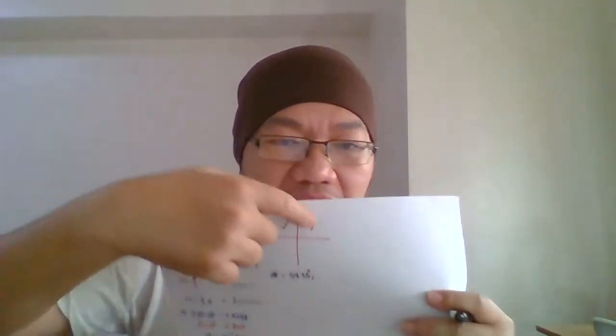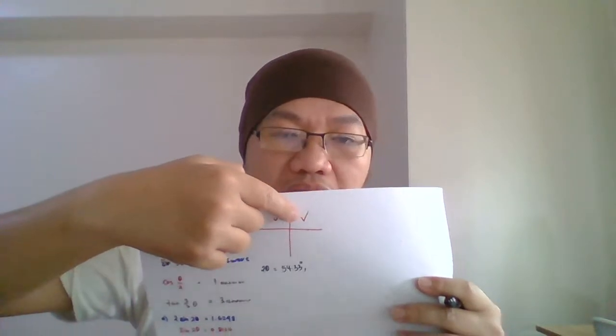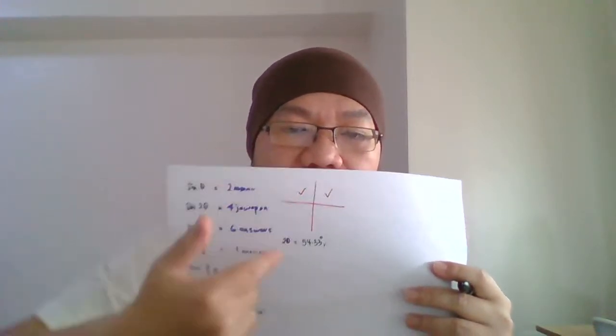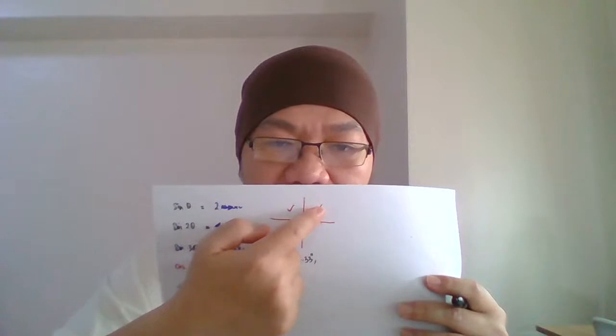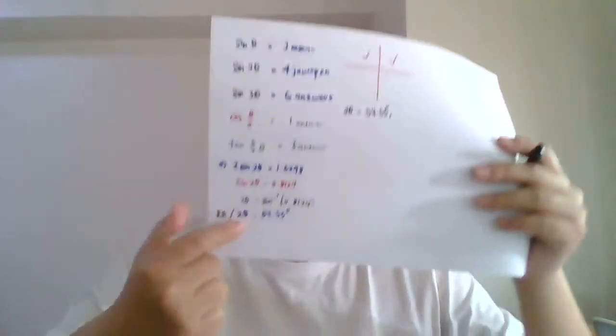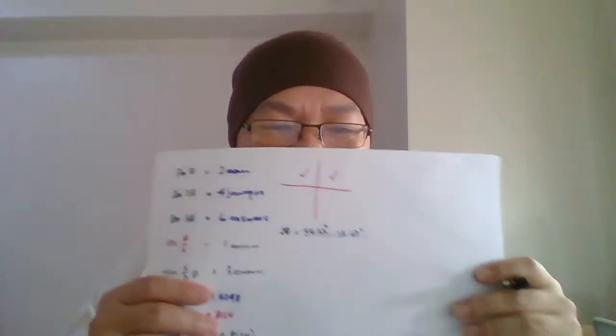So write down 54.33. How about the second quadrant? For the second quadrant it is 180 minus 54.33, meaning 180 minus your RA here. What will you get? You will get 125.67 degrees. This is what we learned in question number 1.